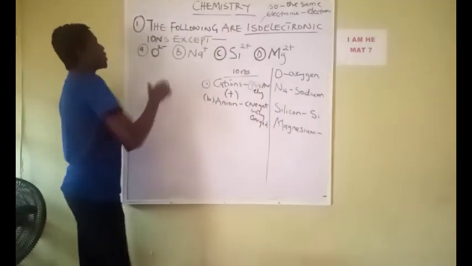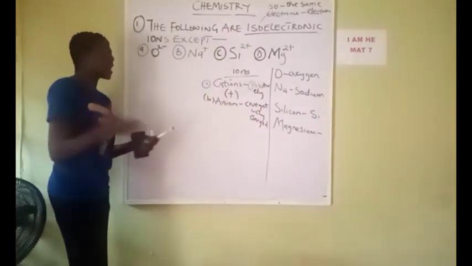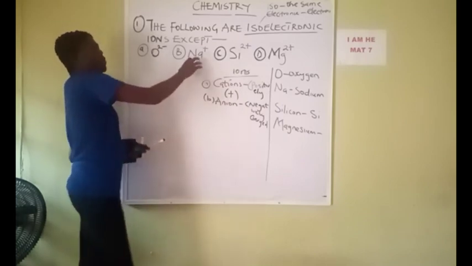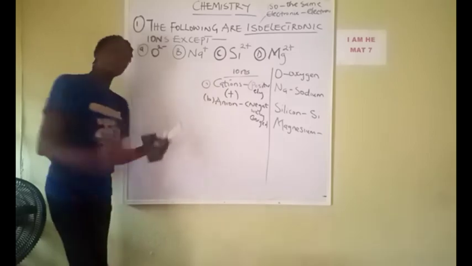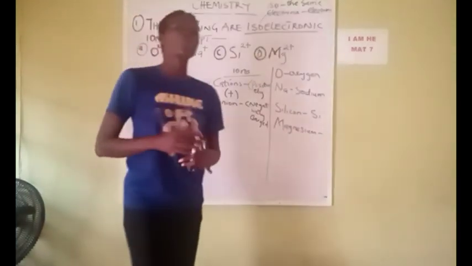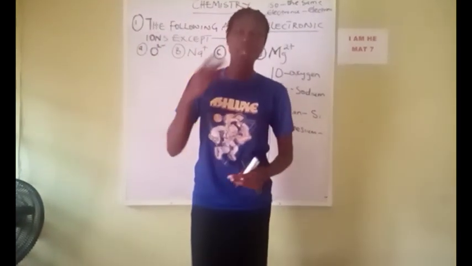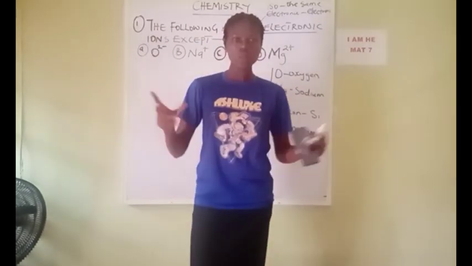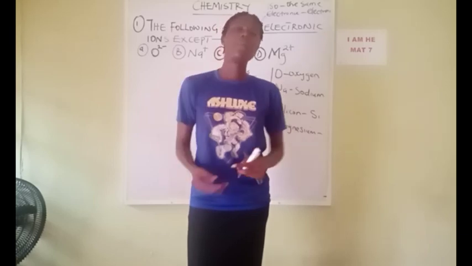So this one having a negative sign means they are anions. The one having a positive sign, they are cations. And please take note, that will take me to answering questions on how to balance equations and also talking about chemical bonding.